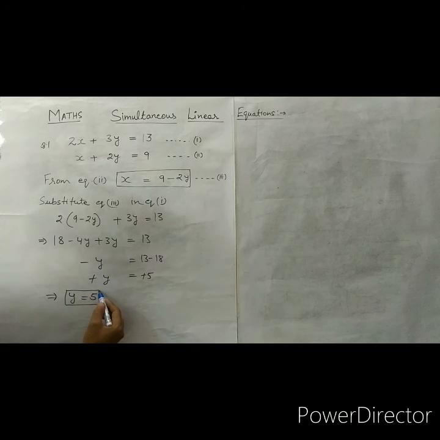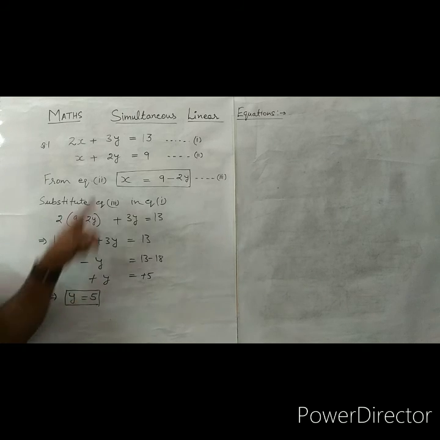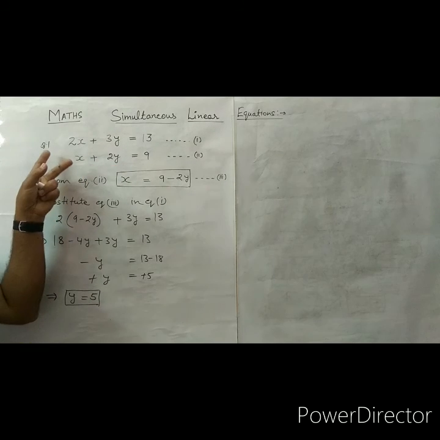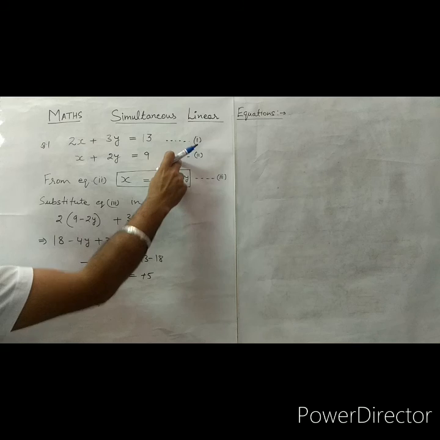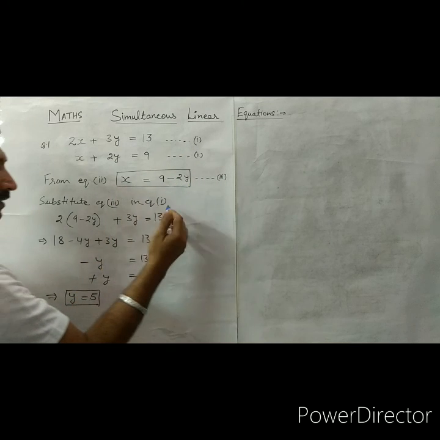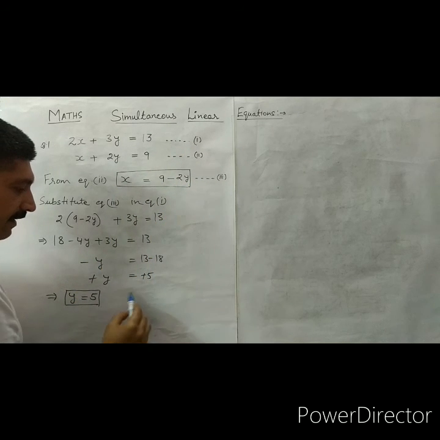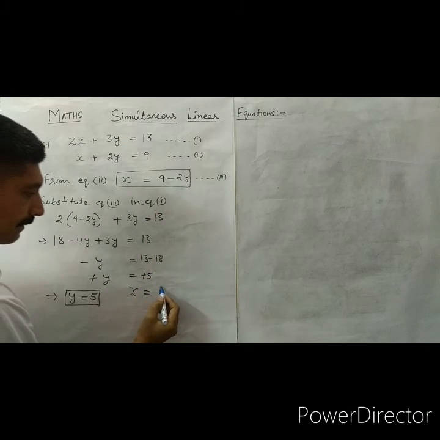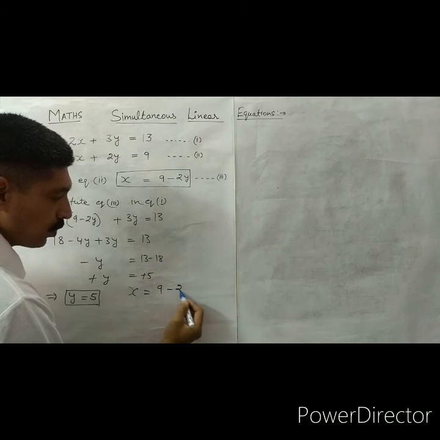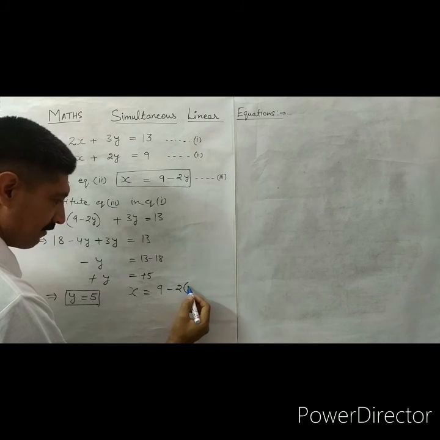So by substitution, we came to know that the value of y for these two equations is 5. Now we can put the value of y in any of the equations. So here the value of x is equal to 9 minus 2 into y. y is 5.